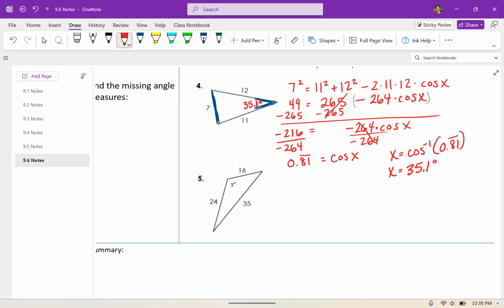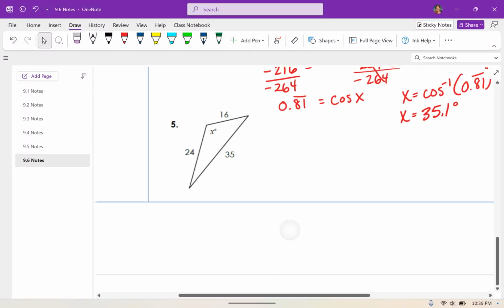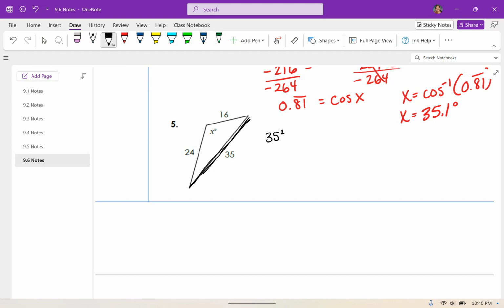Okay, we'll do one more and then you're free of Unit 9. Okay, so we have 35 squared, right? That's the outside one, equals 24 squared plus 16 squared minus 2 times 24 times 16 times cosine of x.